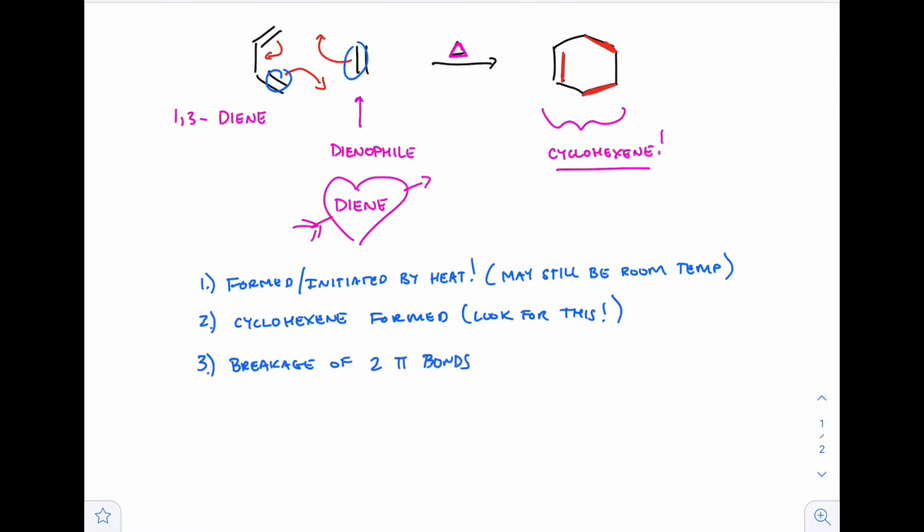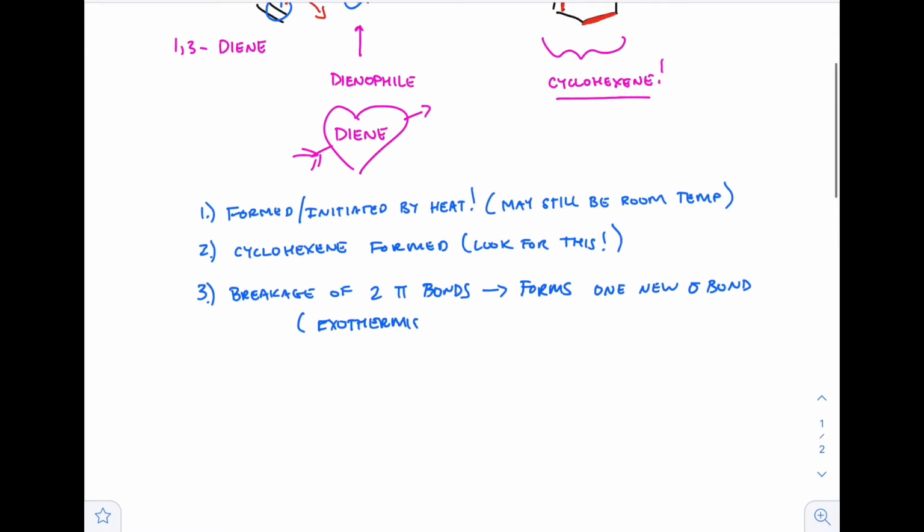Number 3, breakage of, let's say, these 2 pi bonds right here circled in blue. You break those 2 pi bonds and you form a new sigma bond, and that means that this process is exothermic, since pi bonds are weaker than sigma bonds.